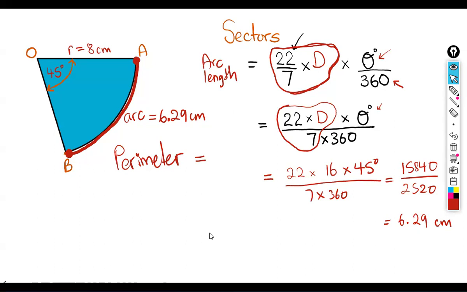Pretend you're running around the shape. You run from A to B, you know that curve distance. And then from B, you have to run to O, and then run back to the starting line, which is A.